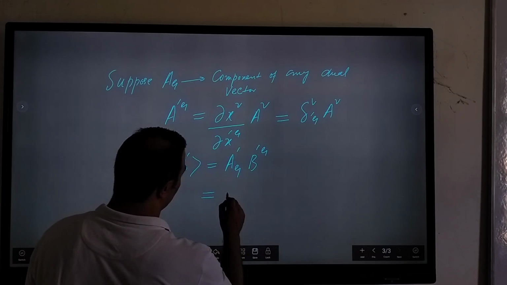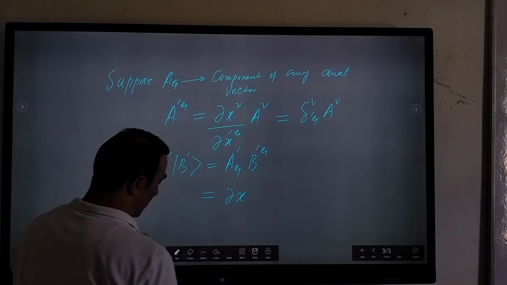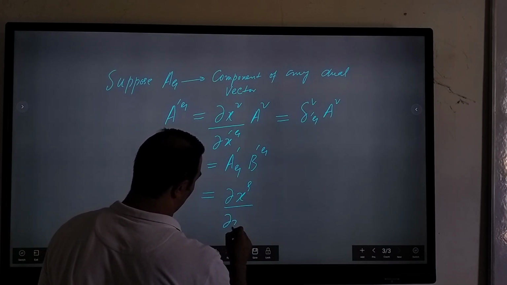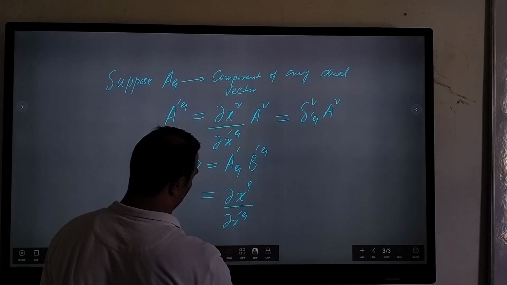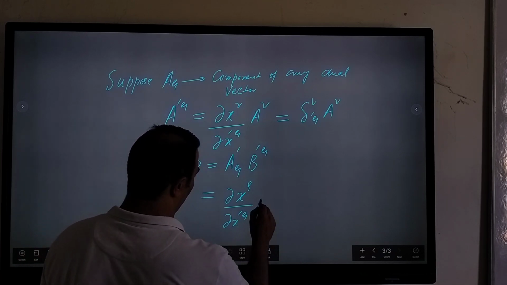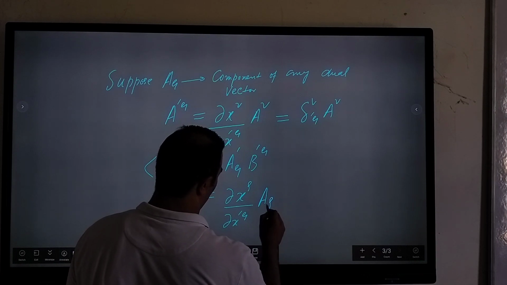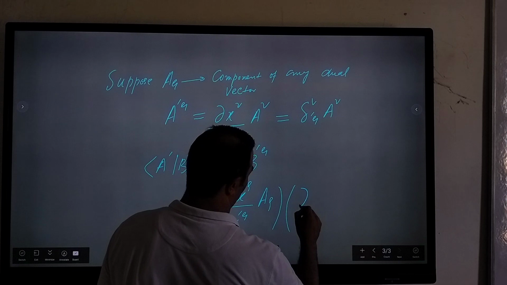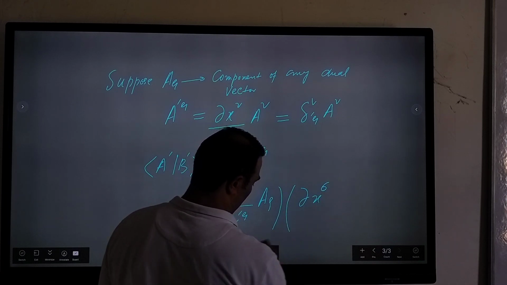So this will be equal to partial x rho, prime mu, A rho, some sigma.